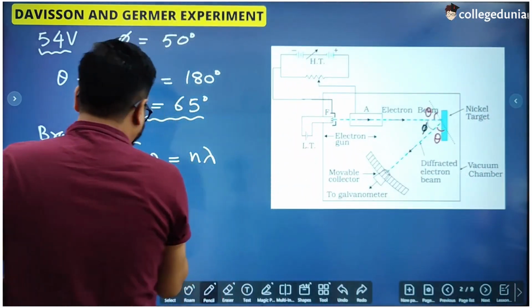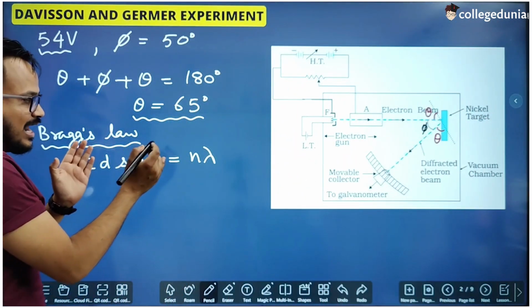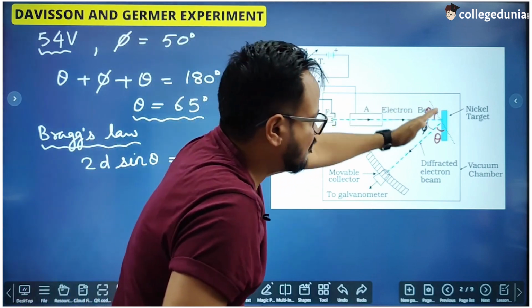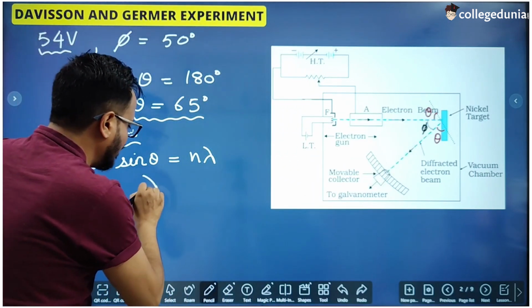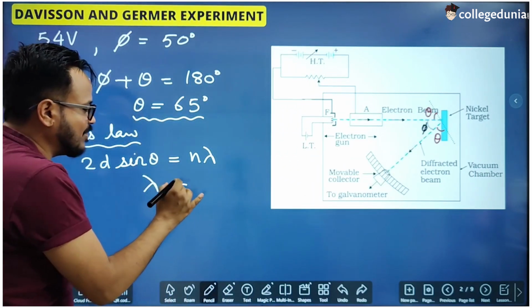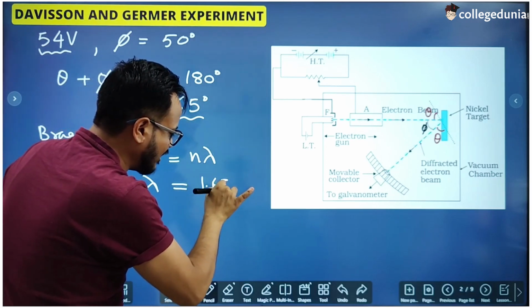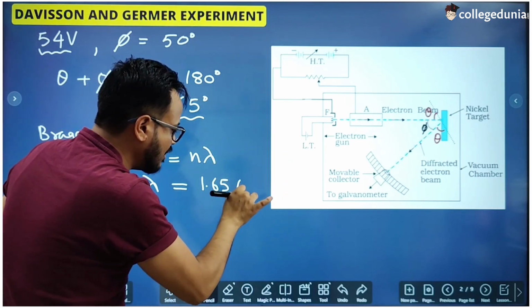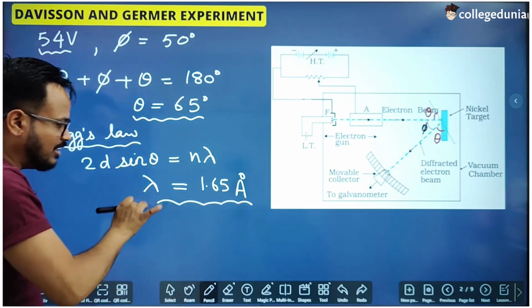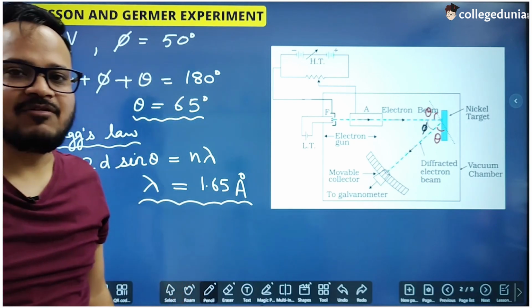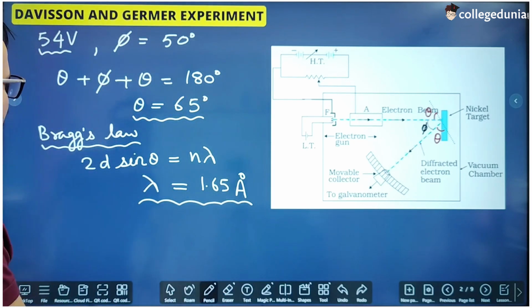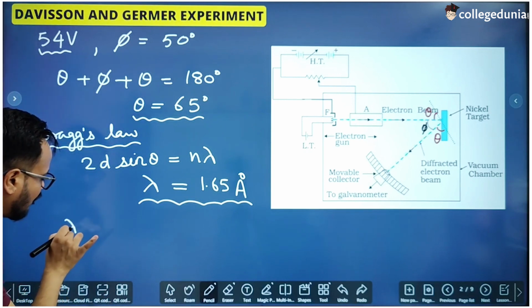If we put all the values, and we put n equal to 1 because this is the first maxima, Davisson and Germer got that if these electrons behave as waves, the wavelength should be 1.65 angstrom, right? De Broglie also gave a formula for lambda.